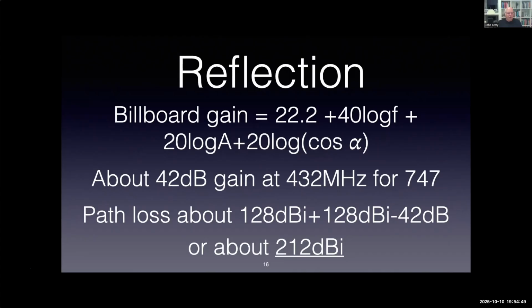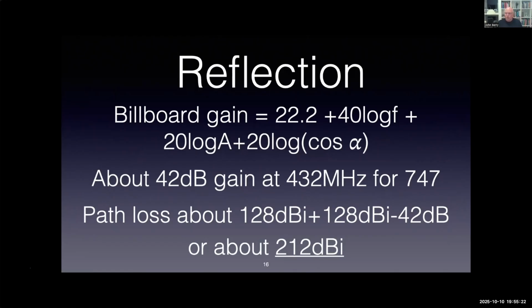We might call them hoardings or advertising boards, but they used to put them on top of mountains to reflect the signal. So what you'd do is from the valley floor, you'd poke it up at the reflecting billboard, and then it would spray the energy everywhere. And of course, it would eventually get to the other station. In Europe, we didn't like those because they're terribly spectrally inefficient. But nonetheless, billboards, big things, boards, or an aircraft have gain.